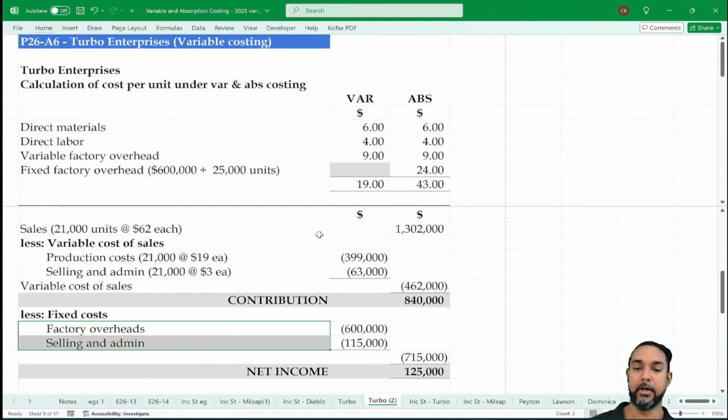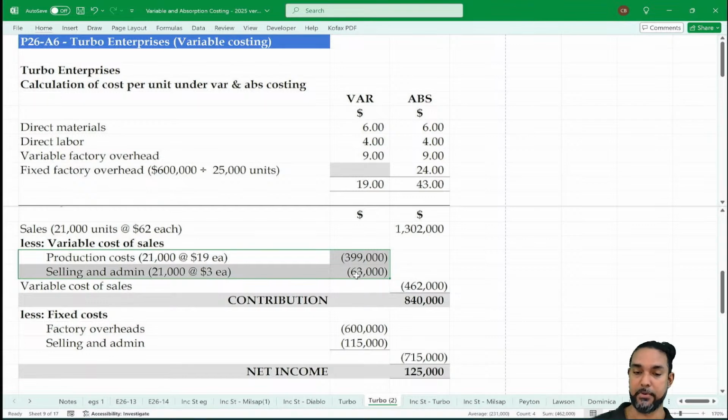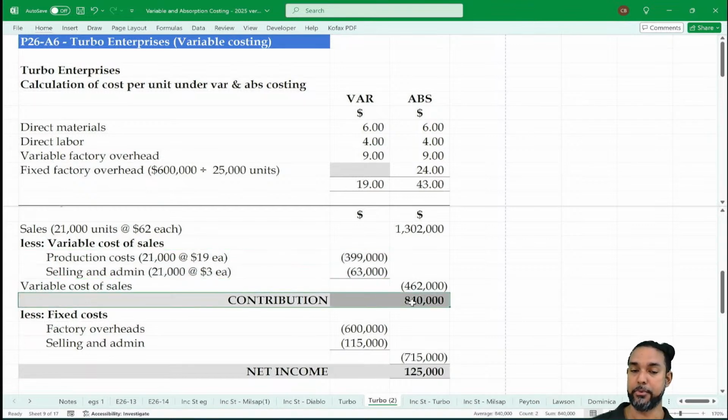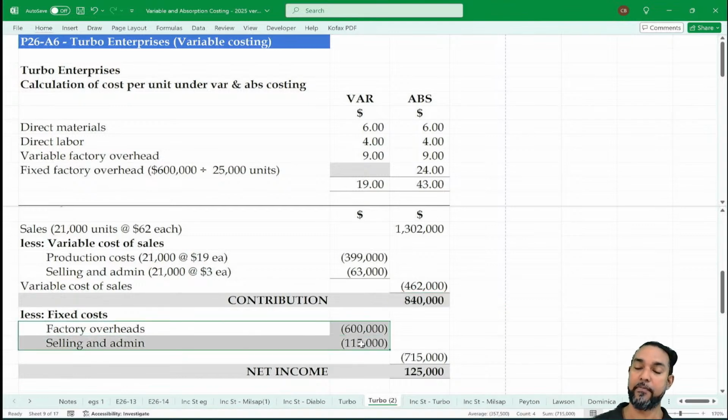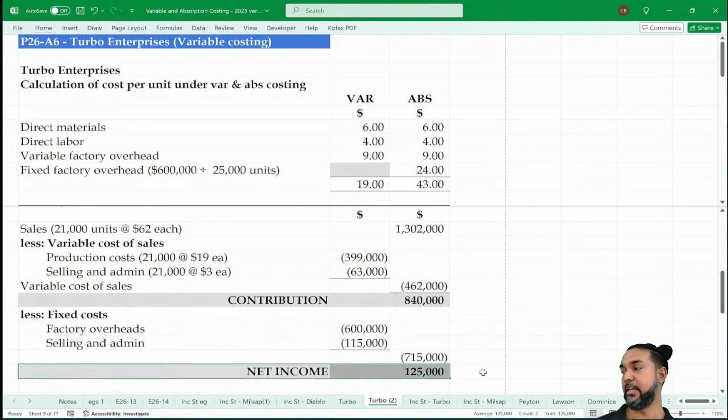That gives us contribution, this income statement's version of gross profit. It's called contribution because it is contributing to covering our fixed costs. So this 840 is put towards covering the fixed costs, and whatever is left over is the net income. This is the decision-making income statement, the variable costing income statement used to help analyze decisions.